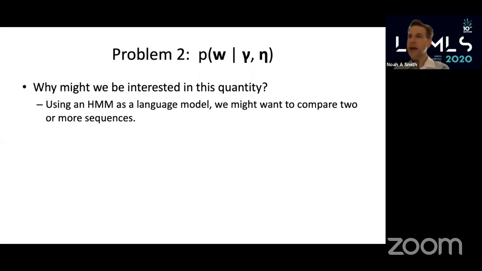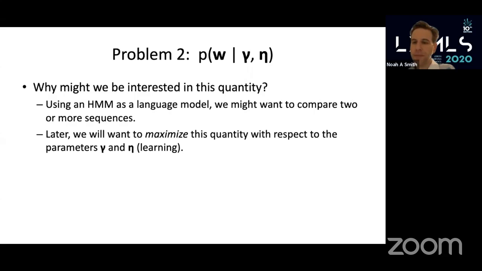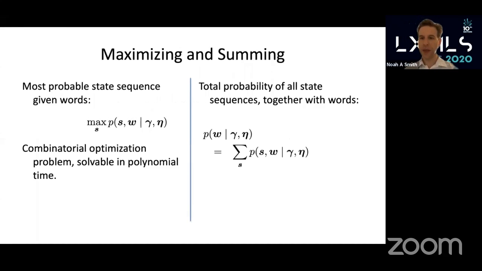It turns out a hidden Markov model can be used as a language model when we want to compare sequences to ask which one is most probable. Later on, when we do learning, this might inform how we learn the parameters, the gammas and the etas, the transition and emission probabilities for an HMM. But for now, let's just imagine that we want to use our HMM as we would any other language model.